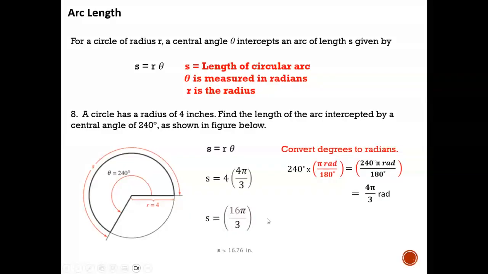Pay attention to how they want you to write your answer. In decimal form, we would just multiply all of this out. 16 times pi. You should have a pi button on some calculators. You can just type that in. So 16 times pi over 3, and that's our value as a decimal there, okay? And then always pay attention to how to round it, maybe to 1 or 2 decimal places or more, okay?